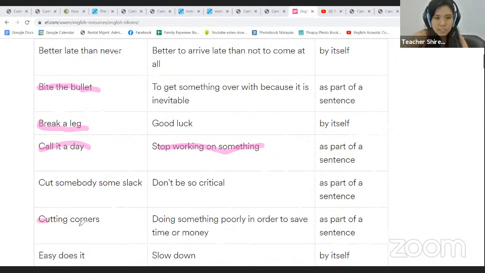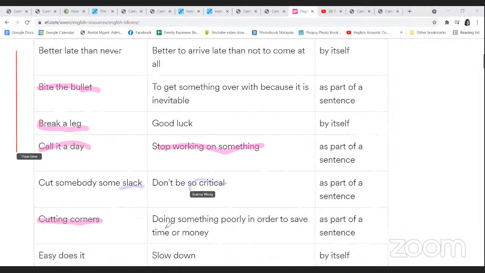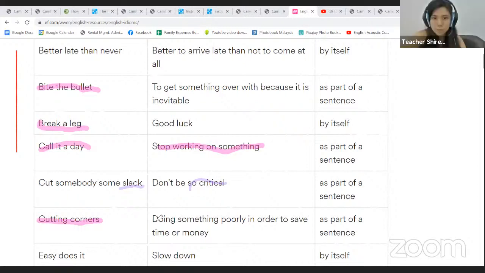Okay, how about trying this? This is a more common one. Last one, Harold. Harold? Cutting corners? Somebody.